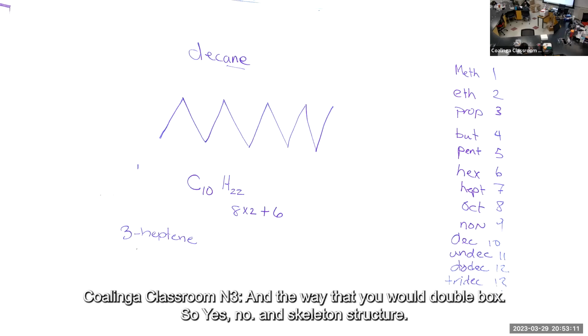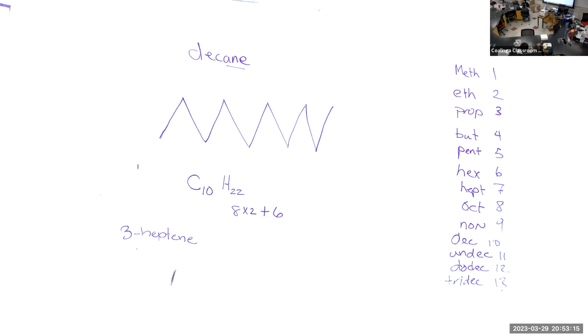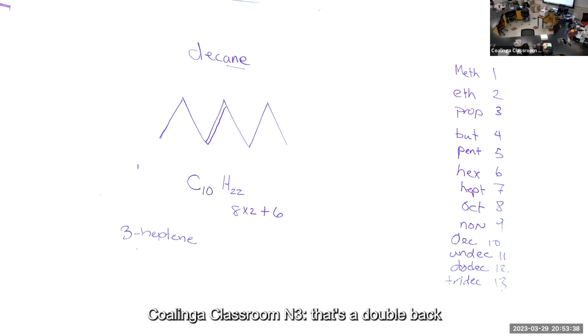And the way that you would do a double bond, just so you guys know, in the skeletal structure, is with double lines. That's how you represent a double bond.